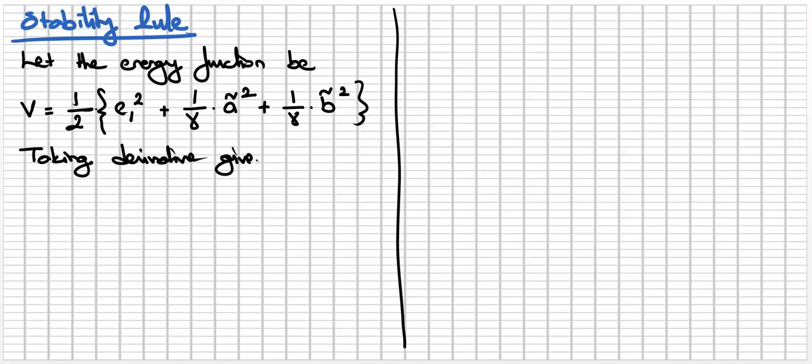Okay, and so taking the derivative gives us V dot equal to e1 times e1 dot plus 1 divided by gamma times a estimated times a hat dot plus 1 divided by gamma times b estimated times b hat dot.